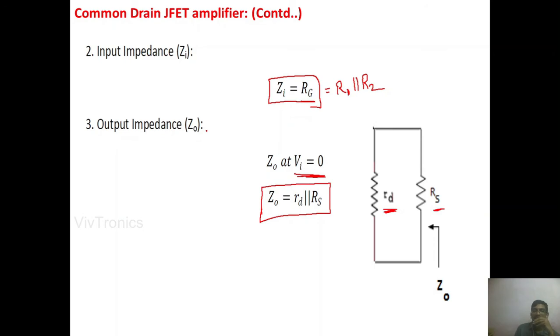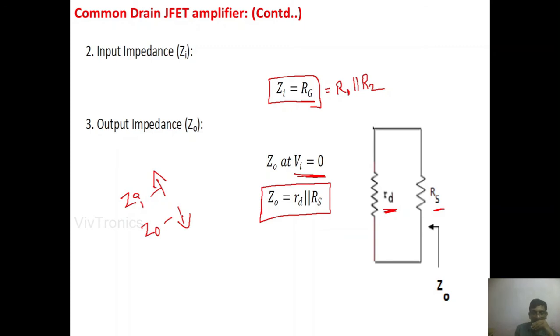Because the value of Rs is small, the output impedance is small. So the common drain amplifier is used for impedance matching, where we require very high input impedance and low output impedance.